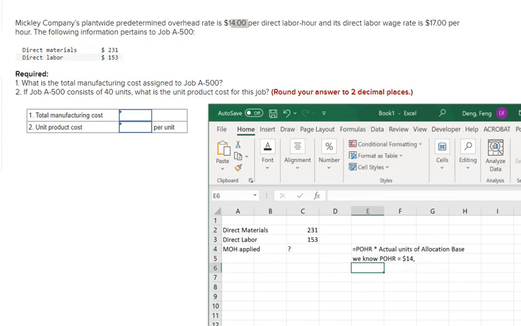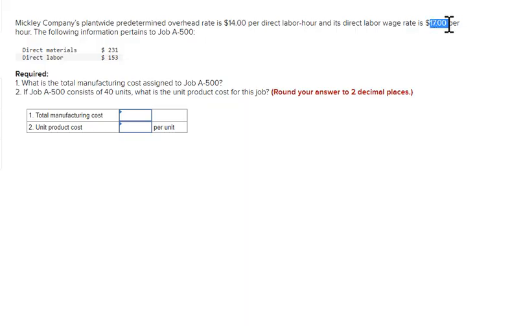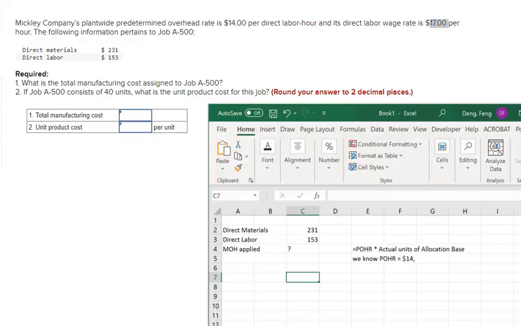It's pretty easy if you think about it. We spent this much on direct labor, and we know the labor is $17 per hour. So if it's $17 per hour and we spent $153, the number of labor hours equals 153 divided by 17, which is 9 hours.